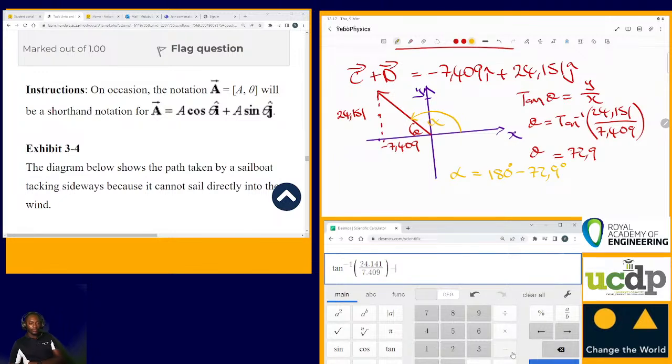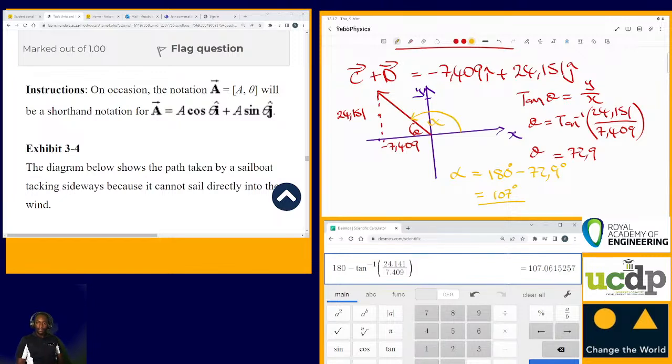So minus, okay, we get 107 degrees, and that is what we get for our answer.